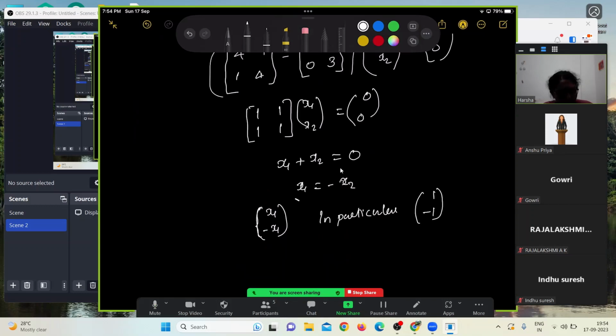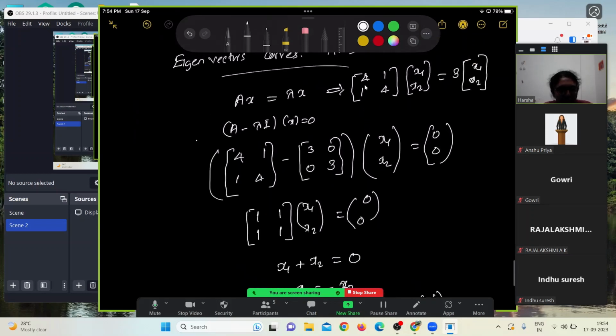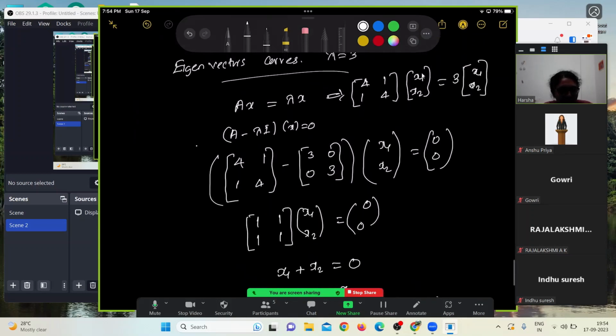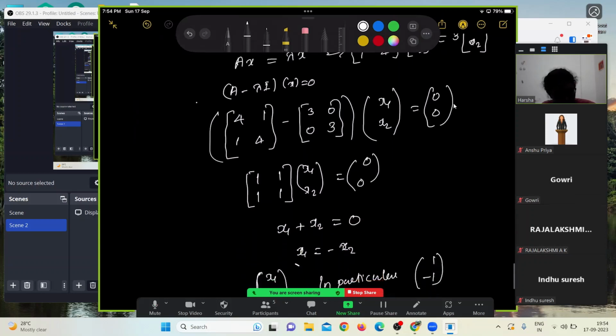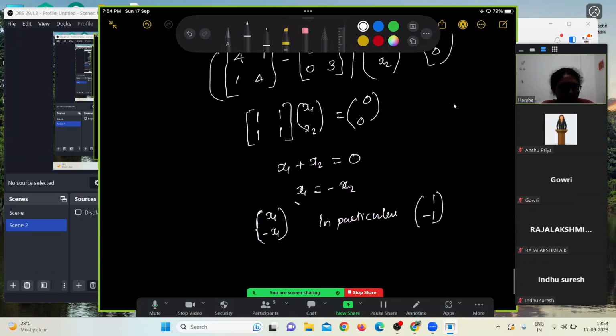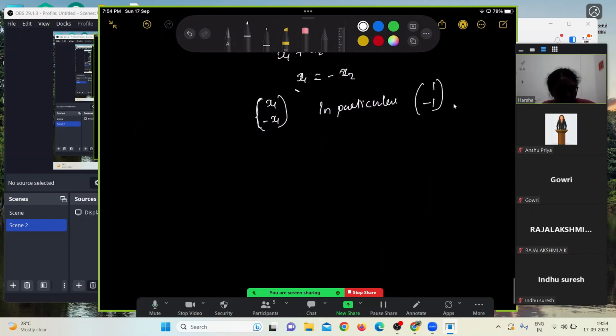Here we have 4 1 1 4, and the obtained x1 x2 is 1 minus 1. If we put 1 minus 1 here, you will see this is actually true. So we got one eigenvector corresponding to lambda equal to 3.